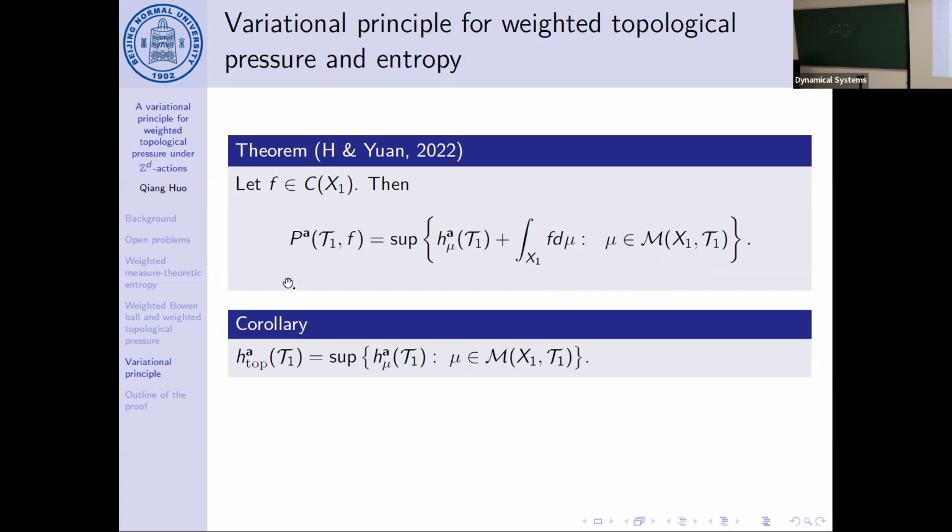As a corollary, we could obtain the variational principle for weighted topological entropy.